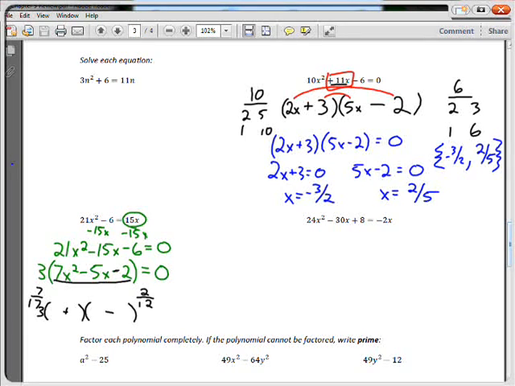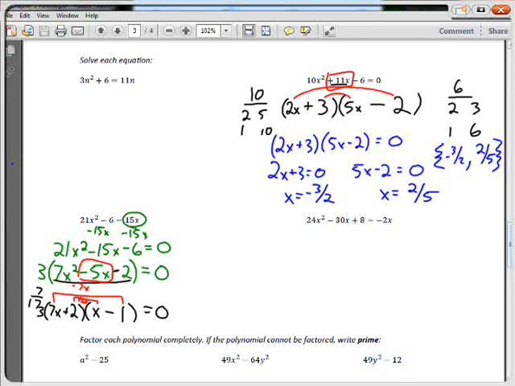And I'm going to have a 7x and an x and a 2 here and a 1 here. Check it by foiling. That's negative 7x. That's a positive 2x. Negative 7x and positive 2x is negative 5x, which is what I'm looking for. So I have this factored correctly.